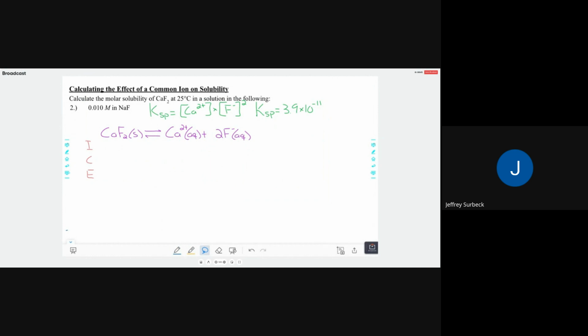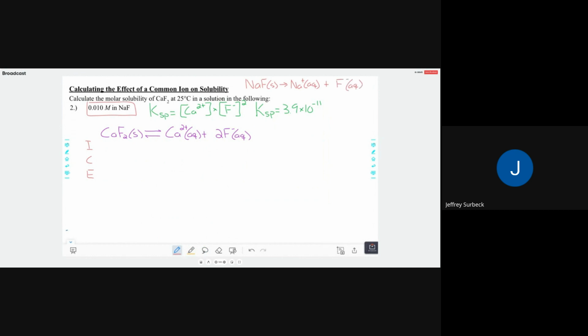The difference now is we have a different common ion, which is our 0.01 molar sodium fluoride. Sodium fluoride, NaF, breaks down to sodium ions, Na with a 1+, and it's dissolved in water, so aqueous, and it breaks down into our fluoride, F minus.